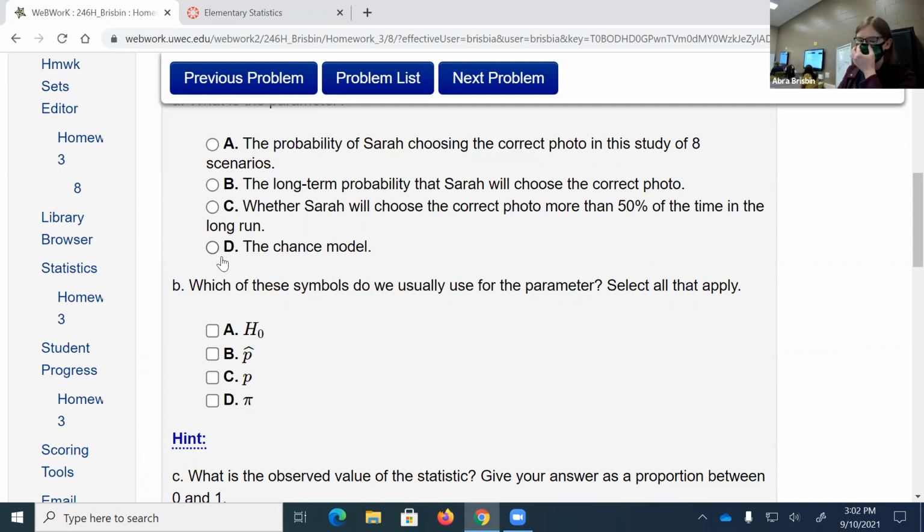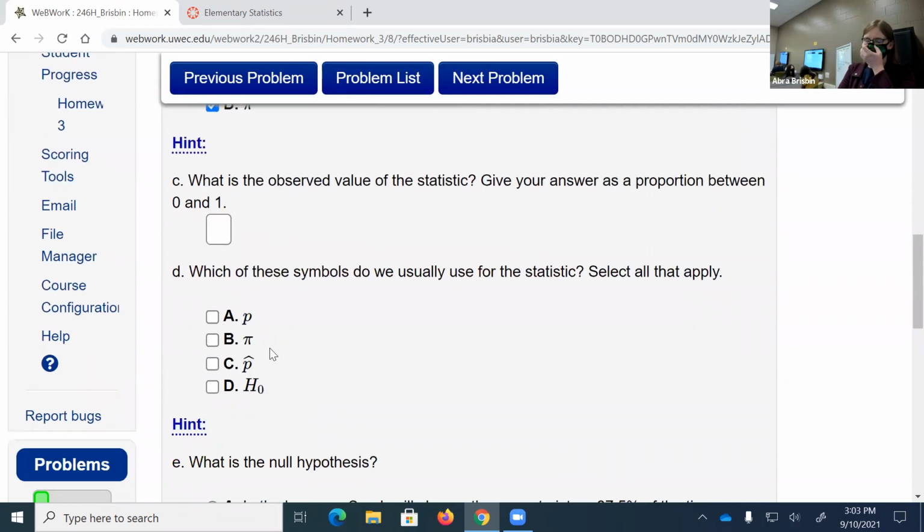Either pi is the one that our book uses, or yesterday we also talked about p as a symbol that some other people use for the parameter of the long run proportion. H sub 0 is the symbol we use for the null hypothesis. And p hat, because it has a hat on it, the hat generally represents a quantity that's being estimated from a sample. So p hat is usually used for the statistic.